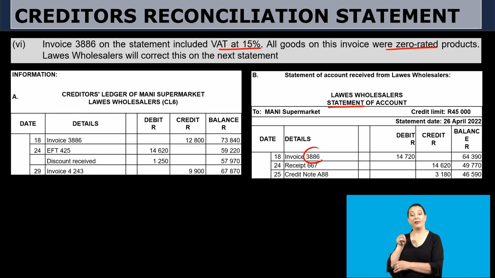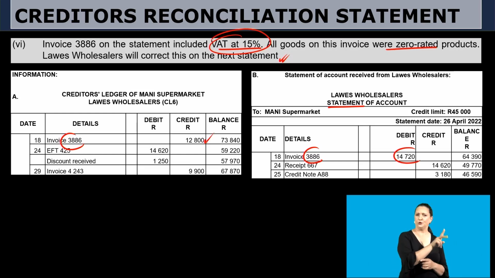They will correct this on the next statement. They have recorded an amount of 14,720, and that amount includes the VAT at 15%. However, we have recorded the same invoice at 12,800. That is the correct amount without the VAT.